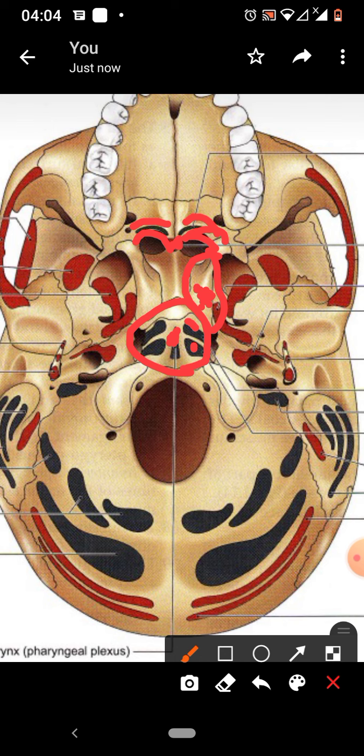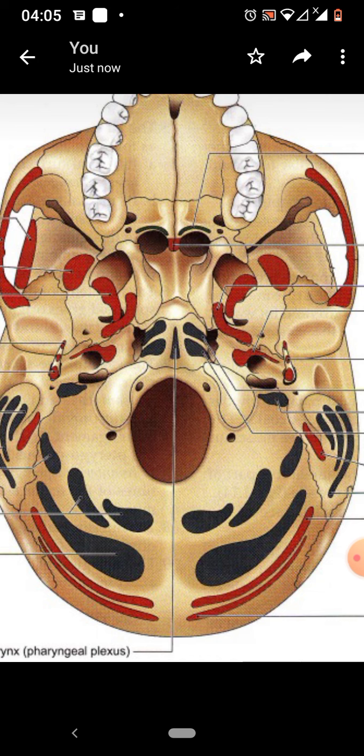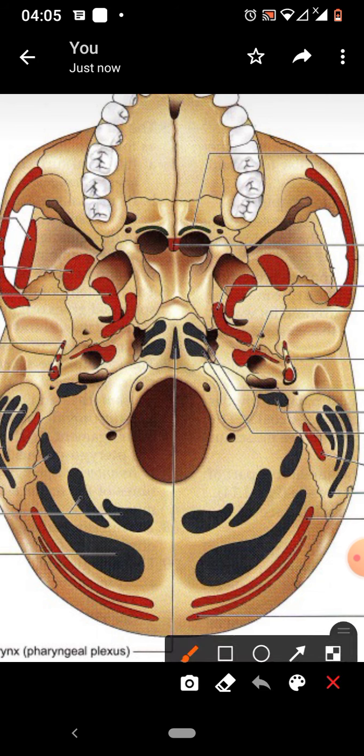Now on the lower part of the posterior border of the pterygoid hamulus, let me clear this so that you can see easily.